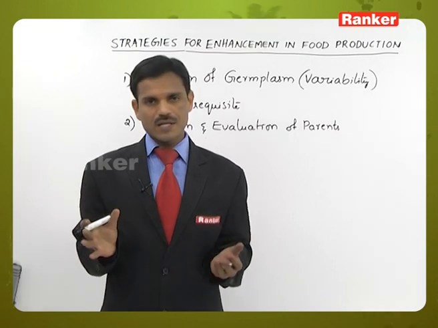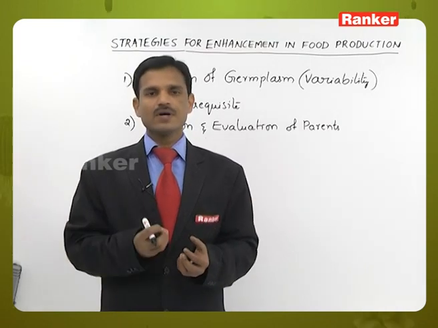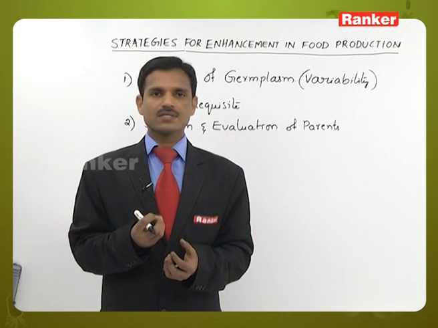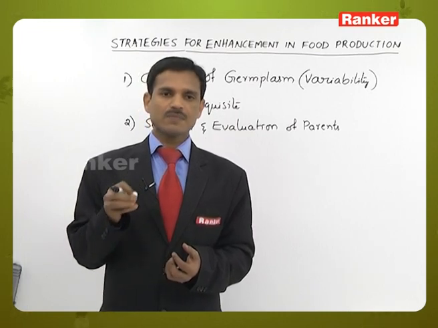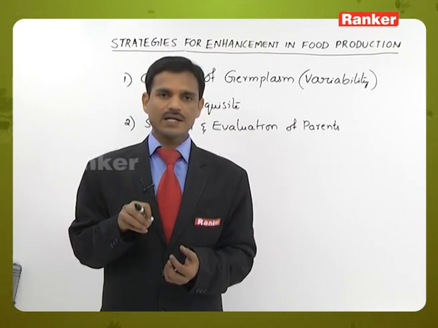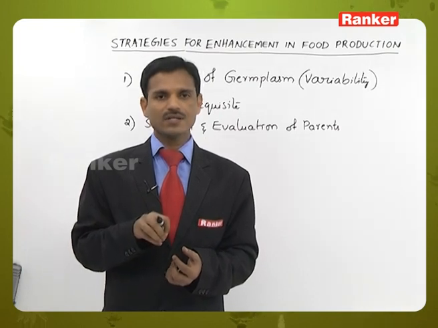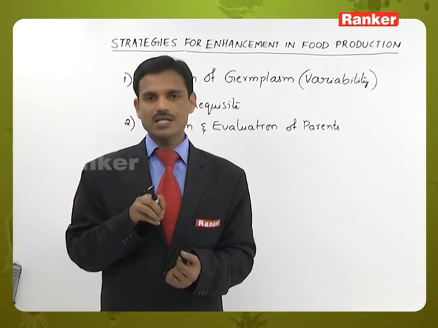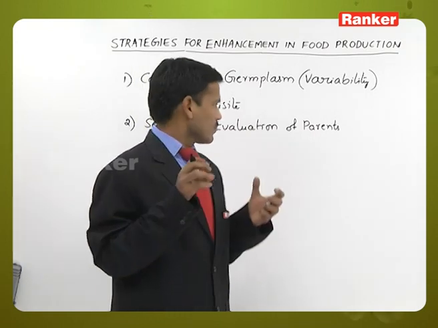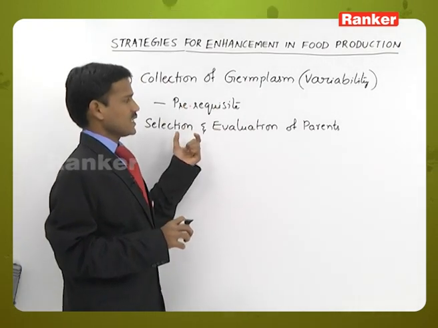A number of species are there, but we need some varieties, some qualities. The qualities are present in some plants, so those types of plants are selected as parents, which have the desirable quality or trait. The plants are collected and tested.